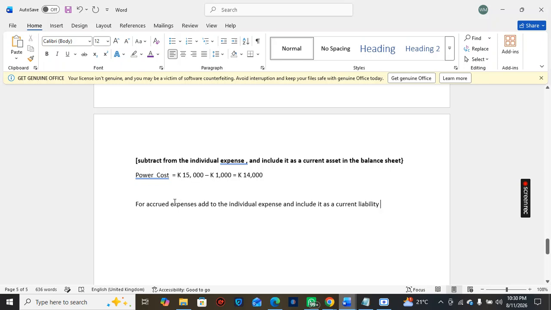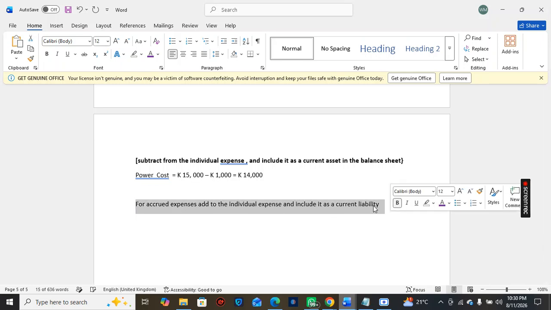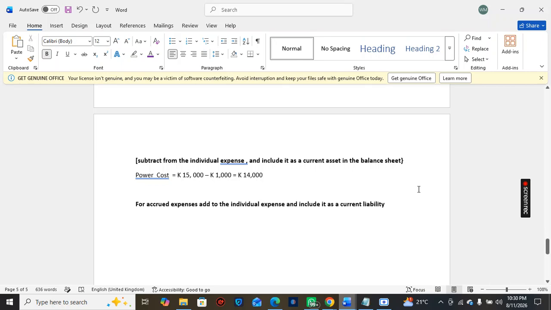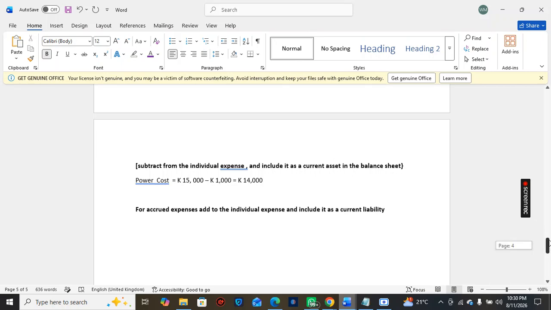Because remember, this accrued expense you are owing, so you need to record it because it's for that year. Then in the balance sheet, the accrued expense appears as a current liability.